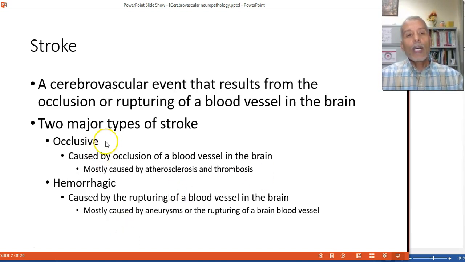The first kind, the blockage kind, we call occlusive strokes. This is caused by any occlusion, something that blocks a blood vessel.